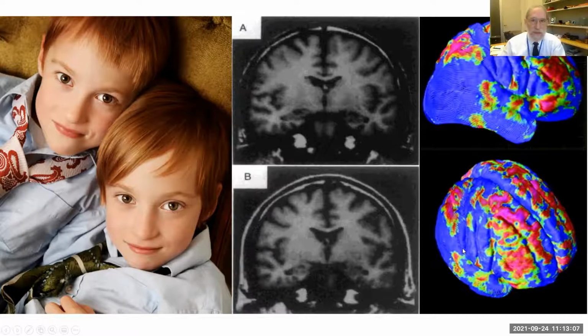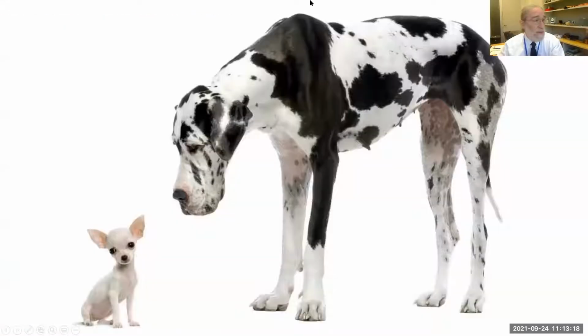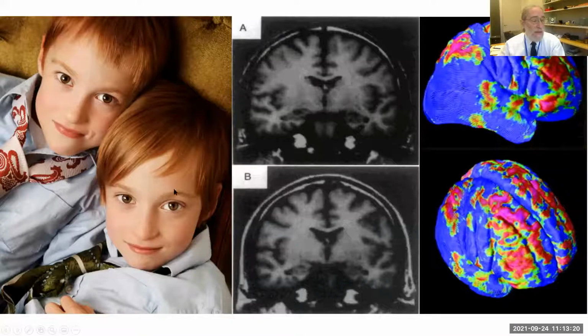So this level of subtle analysis is again an expression of the complexity that comes from interactions between genes, which are identical in those two children as they were identical in these two dogs, and environmental or other developmental dynamic processes that lead to completely different phenotypes over time.